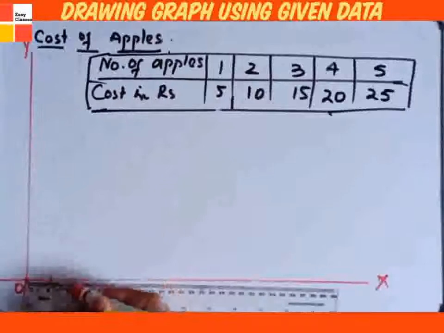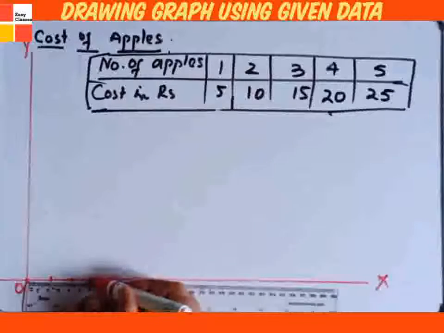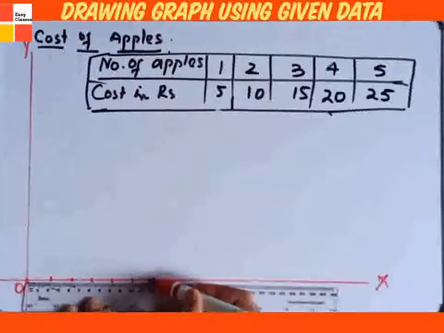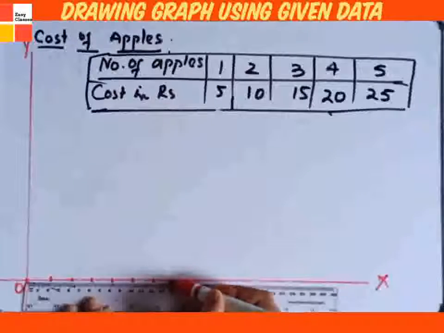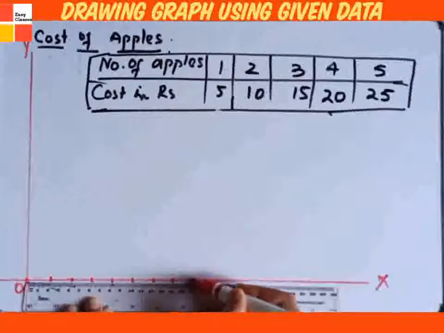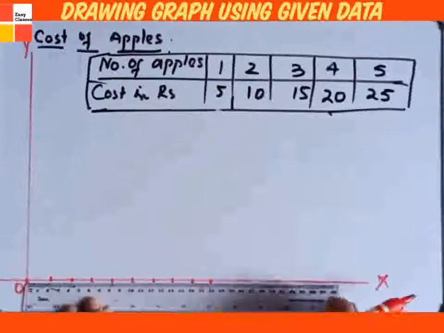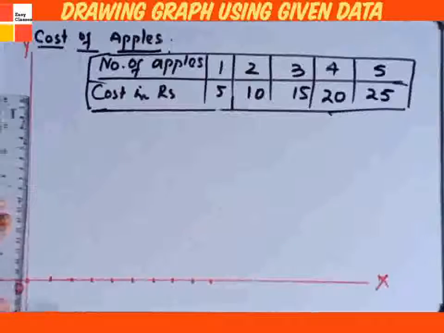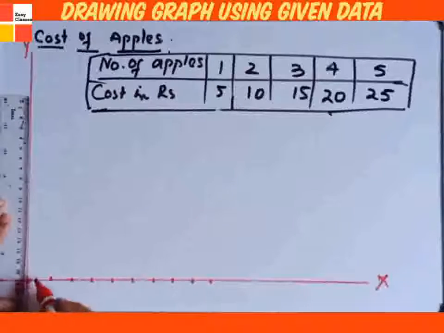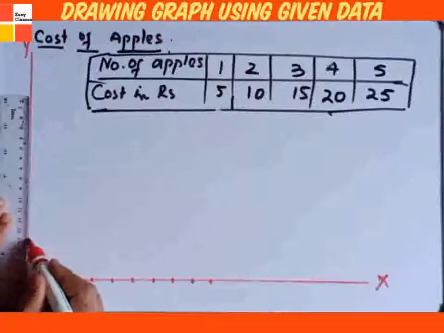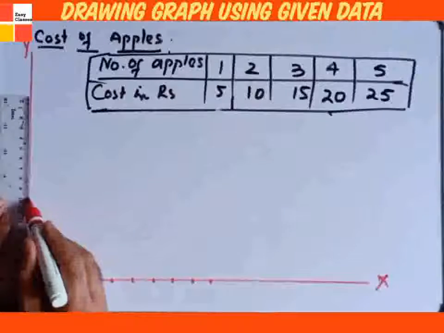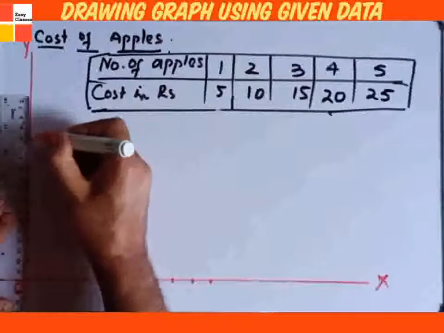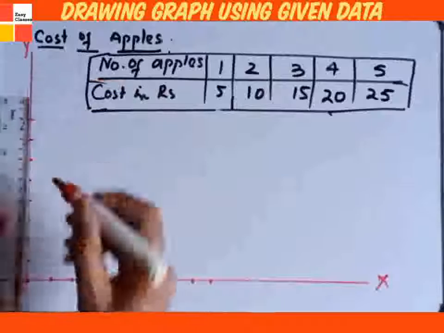For example, this is 2 centimeters, 4, 6, 8, 10, 12, 14, then 16, then 18 centimeters. Here also 2 centimeters each: 16, 14, 12, 10, 8, 6, 4, 2, and this is 0, right?